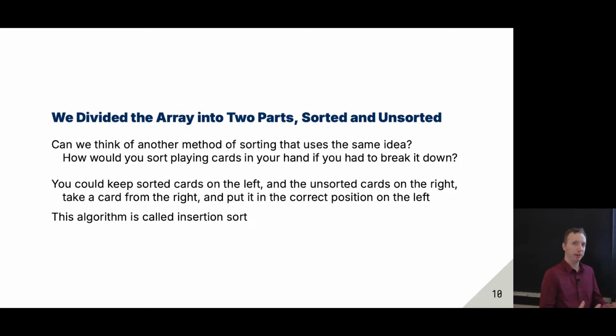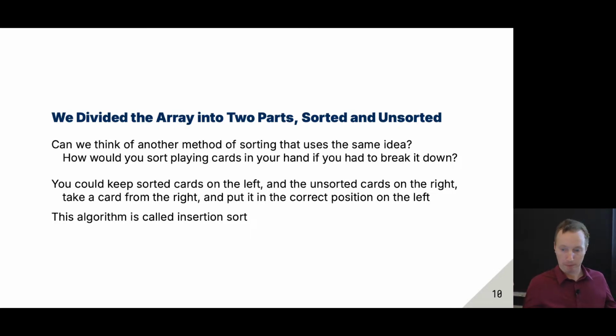If you have all random cards in your hand, you keep the sorted cards to the left and unsorted cards to the right. Initially, everything's to the right. You take a card from the right and put it in its correct position, so everything's sorted on your left. If you already have all your cards sorted and you get one unsorted card, you just figure out where it goes and put it in sorted order.